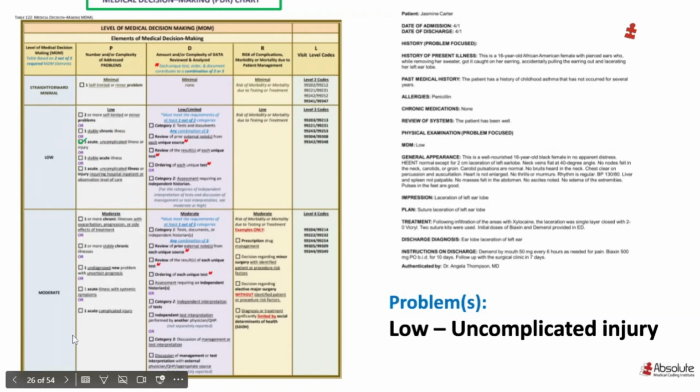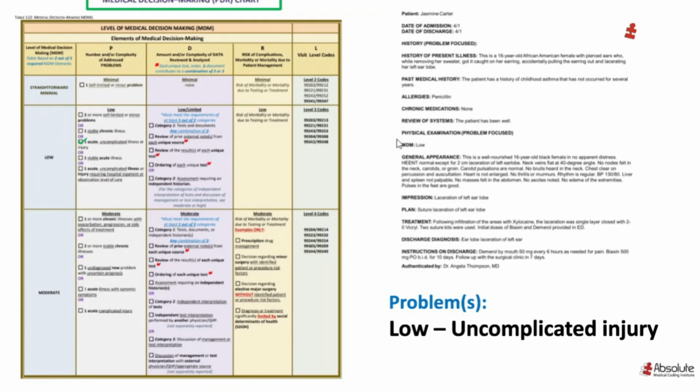Type in the chat. I don't see anything. There is one acute illness with systemic symptoms, but there's no mention of any systemic problems like fever, right? Yeah, so I like it. I think it's low.